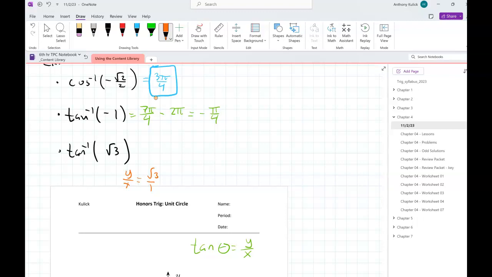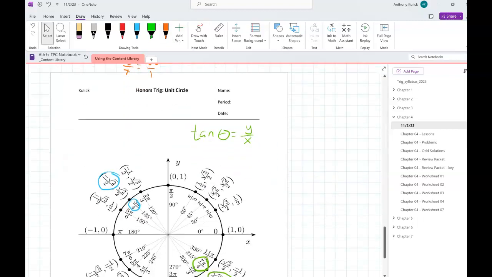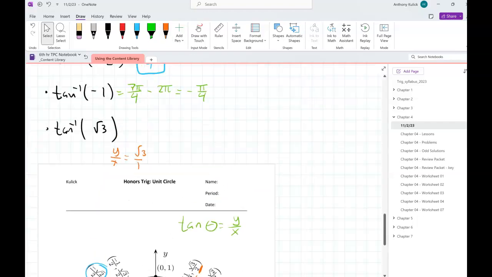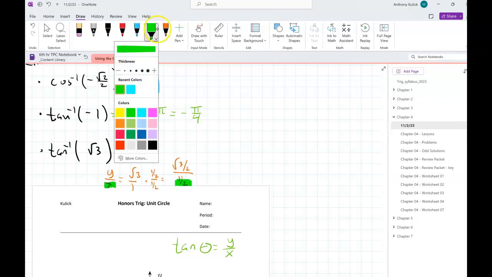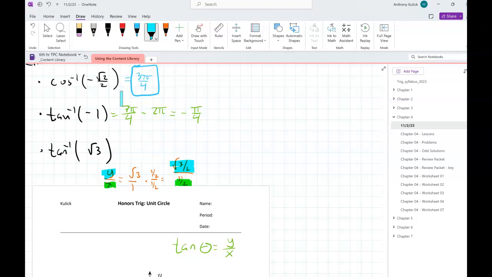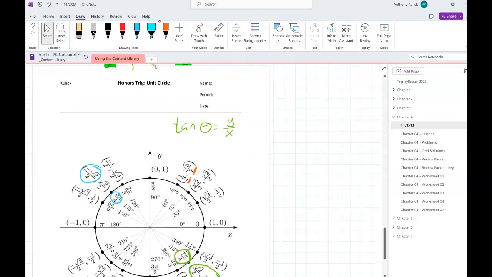But what I do have is a place where I have square root 3 over 2 and 1 over 2. So if I think about multiplying the top and bottom of this by a half, that's really what I want, where the x is 1/2 and the y is square root 3 over 2. So as Joey's pointed out here, that happens at pi over 3.